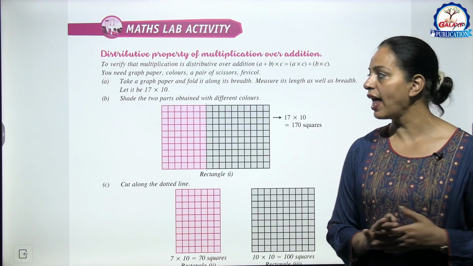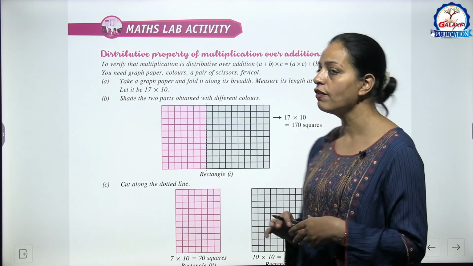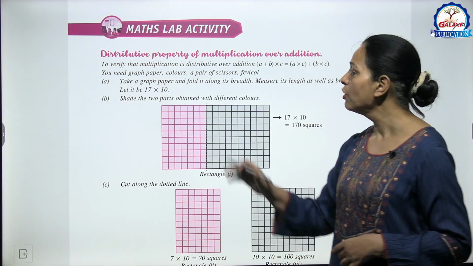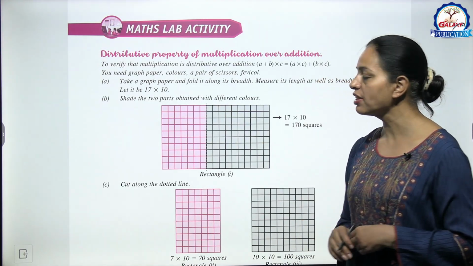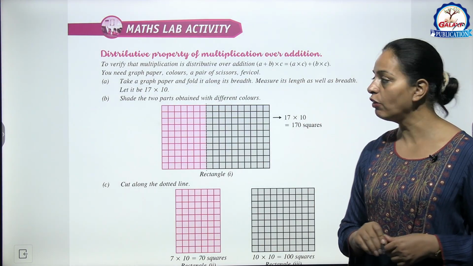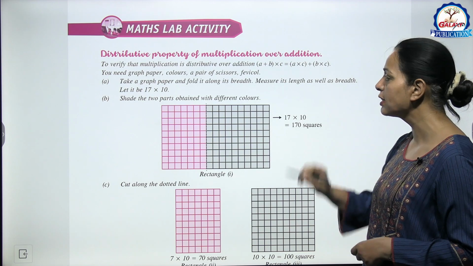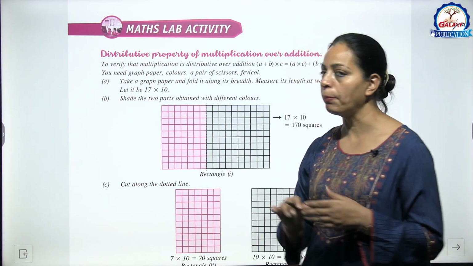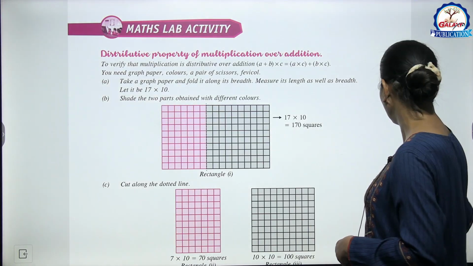Now maths lab activity, distributive property of multiplication over addition. To verify that multiplication is distributive over addition, A plus B into C equals A into C plus B into C, you need graph paper, colors, a pair of scissors and Fevicol.